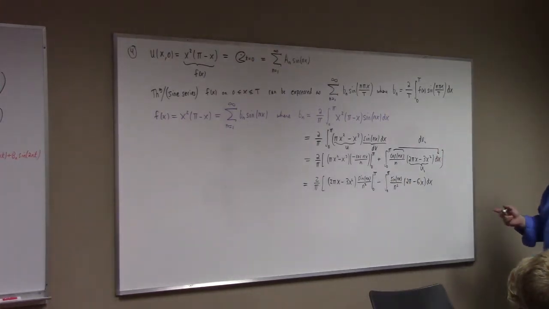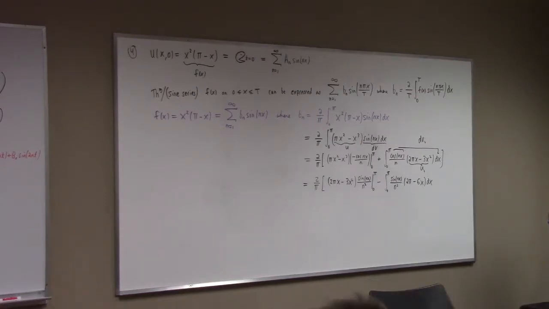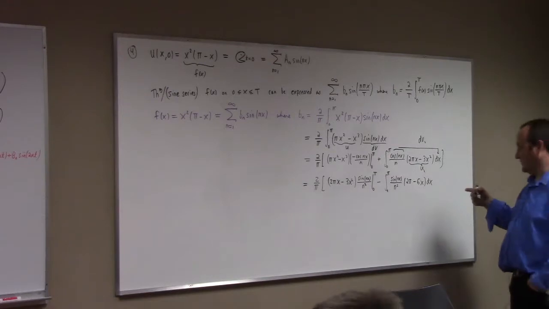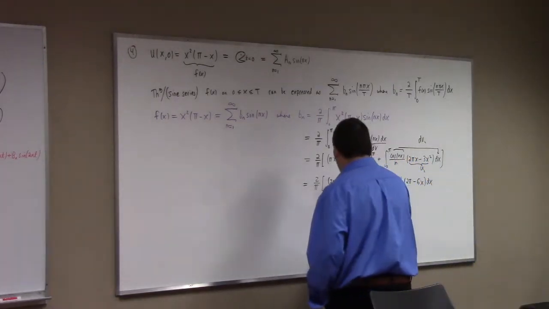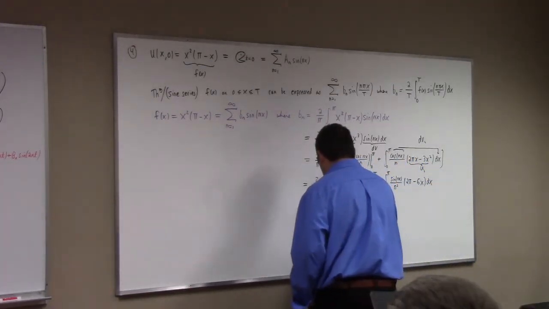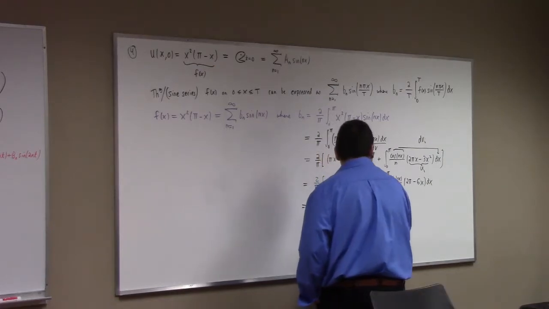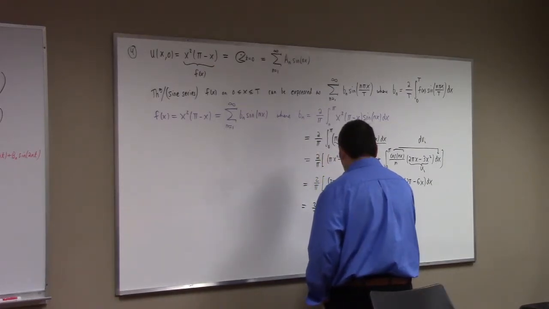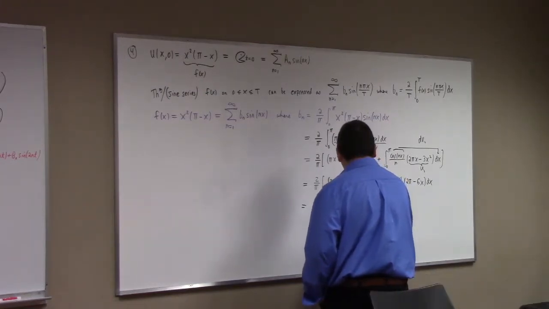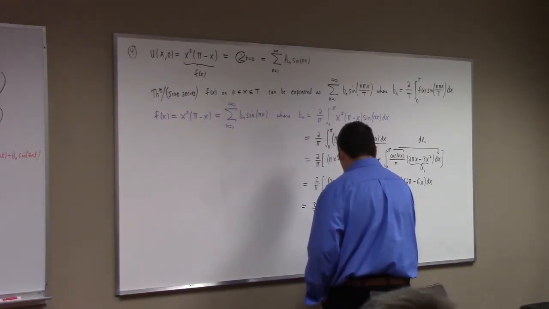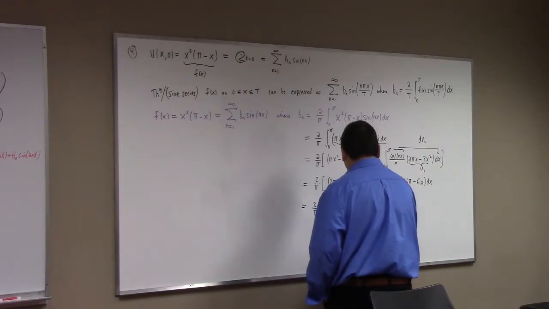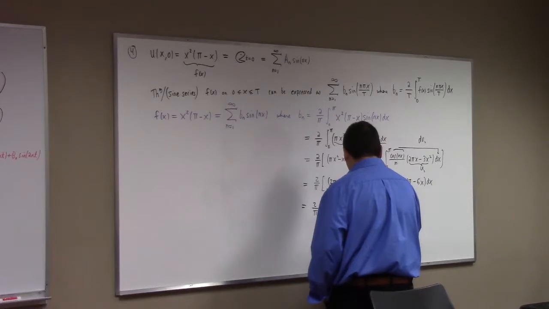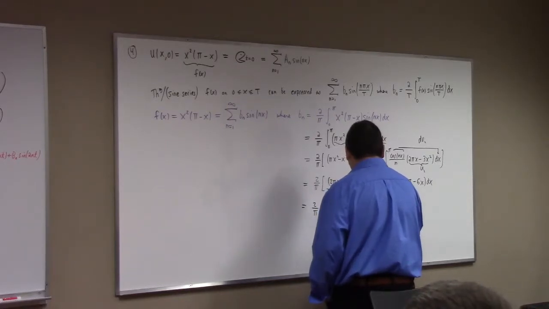Now, the 2 pi over n squared times sine nx term, all right, this piece is all 0 again. So 2 over pi, I've got 2 pi over n squared, well, 2 pi over n cubed actually, times minus cosine of nx evaluated from 0 to pi.